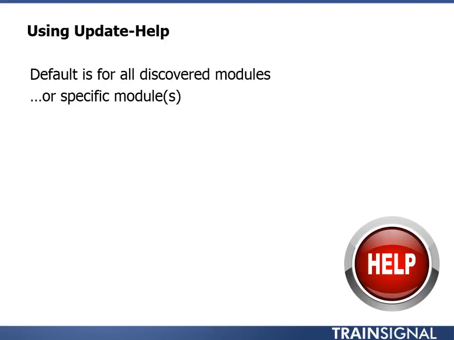So to use updatable help, the default is for all discovered modules. If you just do update help, it will find all of the modules on your computer and then download all the updatable help that's available for those modules. Or you can specify a module or two if you are only interested in certain ones.